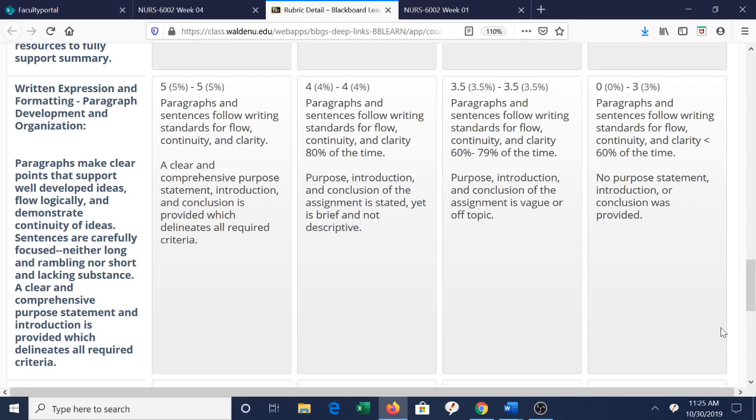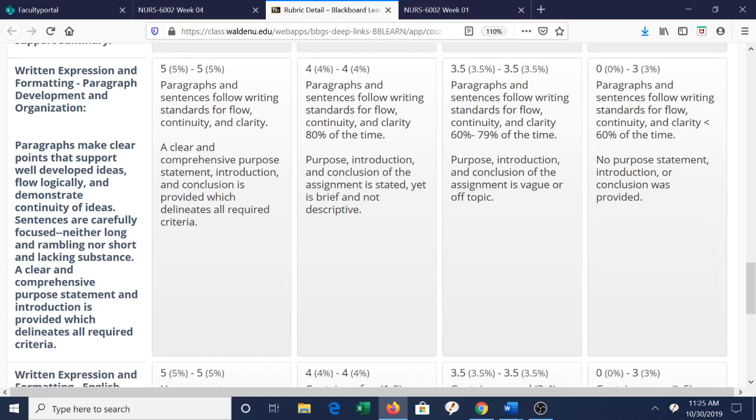Either way. And then there should be a conclusion. There should be one conclusion. There should be one reference list. So let's say that in week 1 you used 2 references and you had a reference list. In week 2 you used 3 references and you had a reference list. So after week 2, the 2 references from week 1 should be moved to the end of the paper, and they should all be in one list.